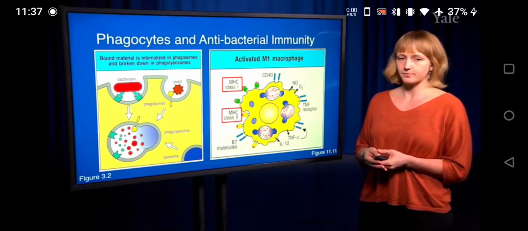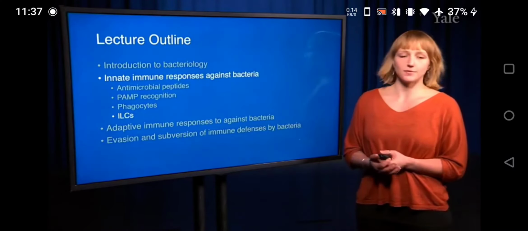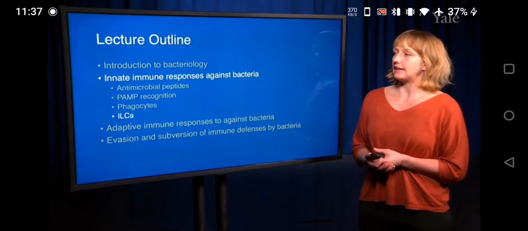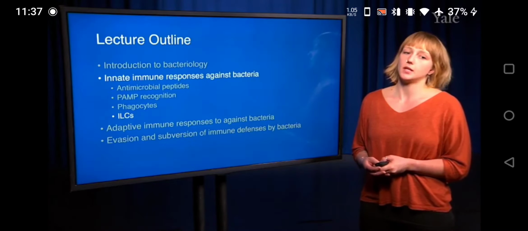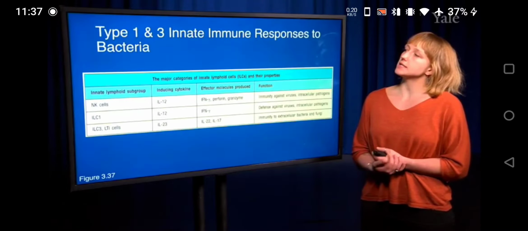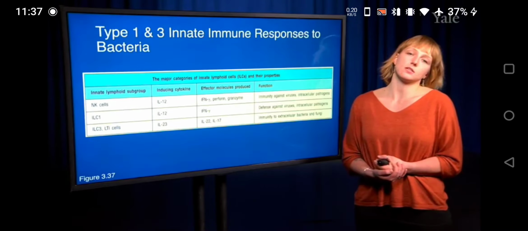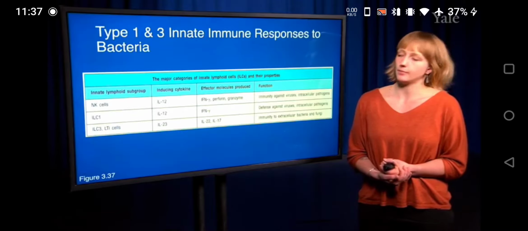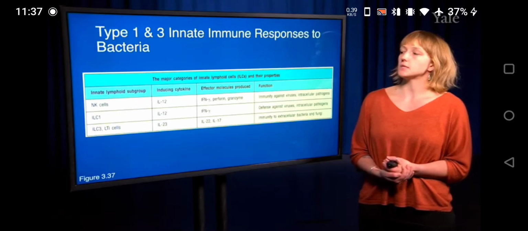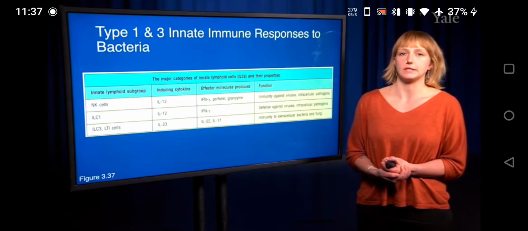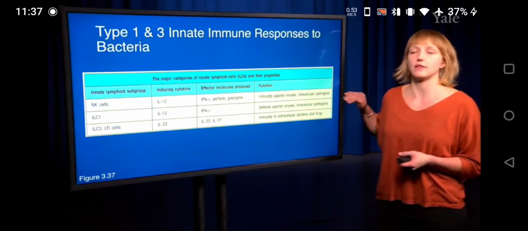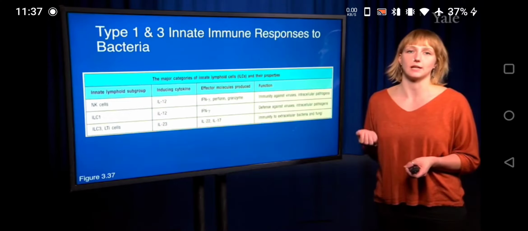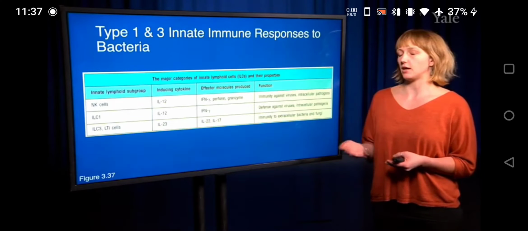Now, another group of cells that are really critical in fighting bacterial infections are ILCs. Now, type 1 and type 3 innate immune responses are launched in response to bacteria. Type 1 immune responses, which include NK cells and ILC1s, are very critical in battling intracellular pathogens, including intracellular bacteria, both obligate and facultative.